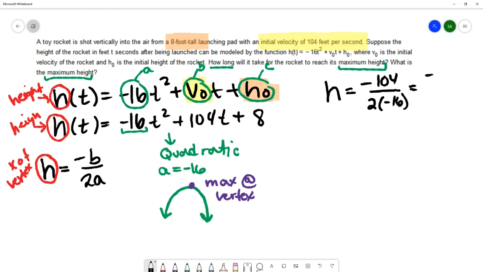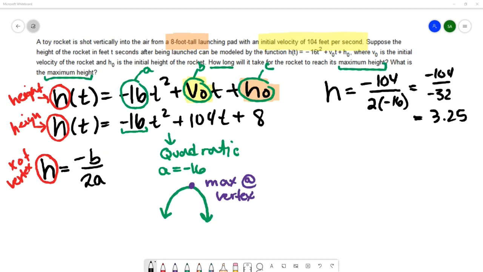And 2 times 16 is 32, so we've got a negative 32 in the denominator. 104 divided by 32 would be 3.25. We found the x-coordinate of the vertex.